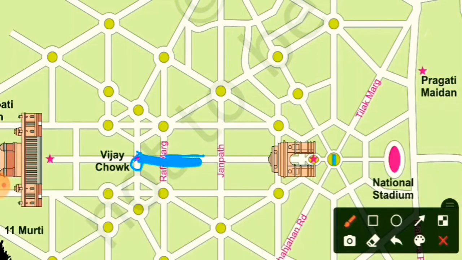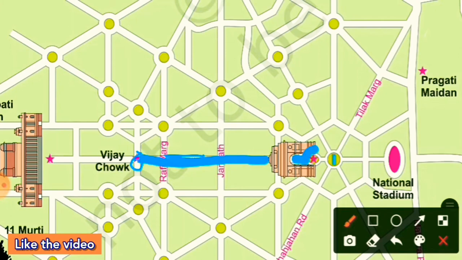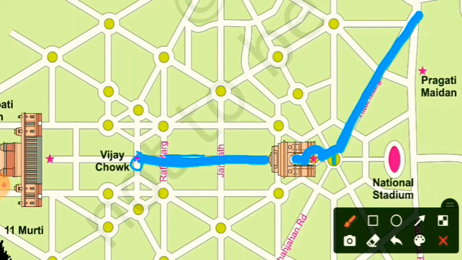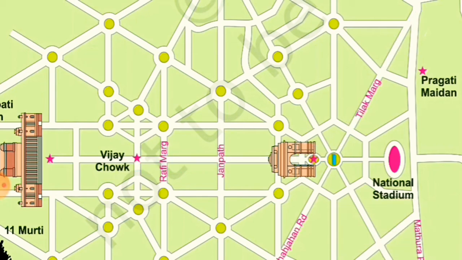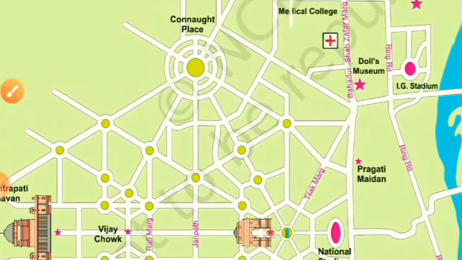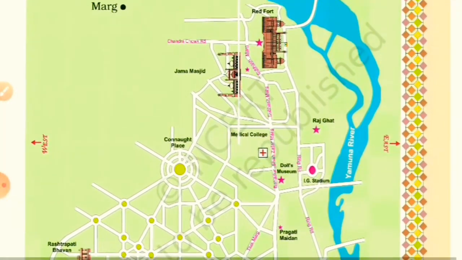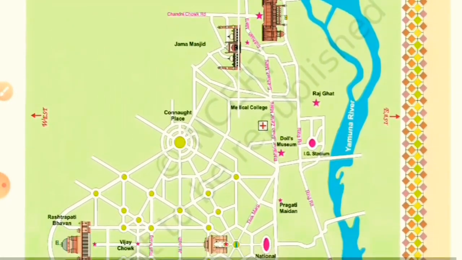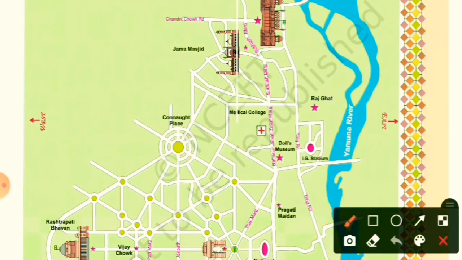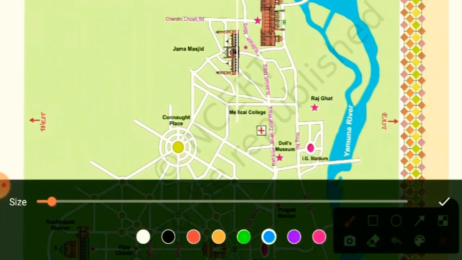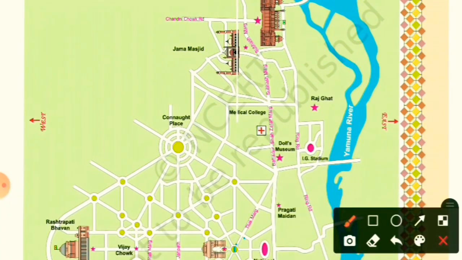Now India Gate is here, so you will take a shape. Then next, Tilak Marg will be joined like this, and now let's continue. Yes, we found the Tilak Marg, and then next. Okay, so this is Tilak Marg, and let's trace it.